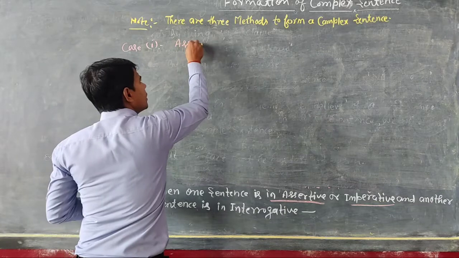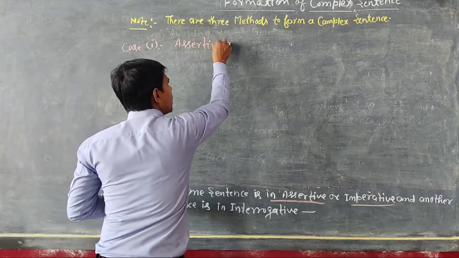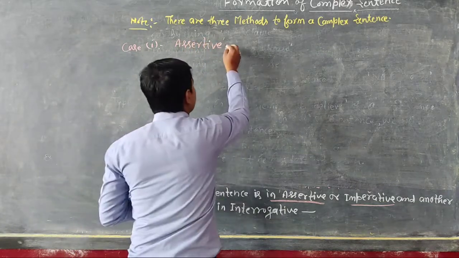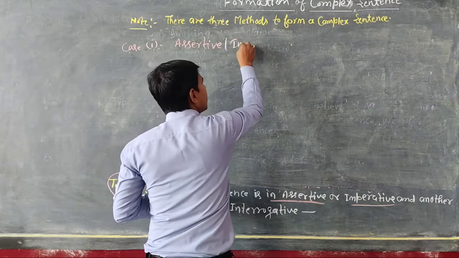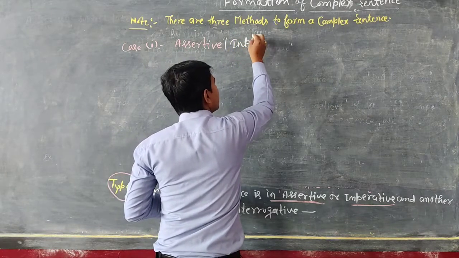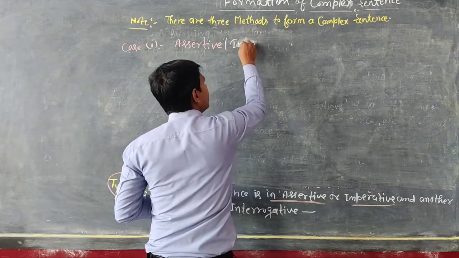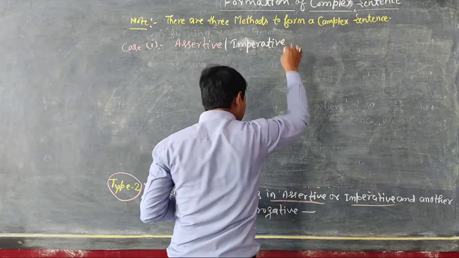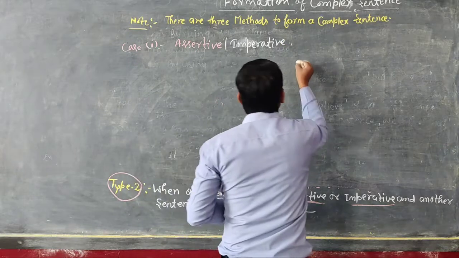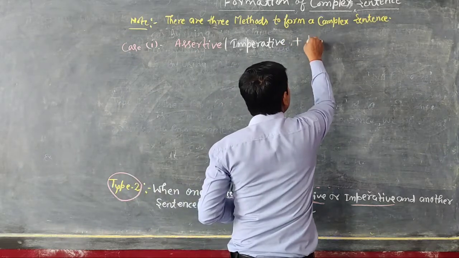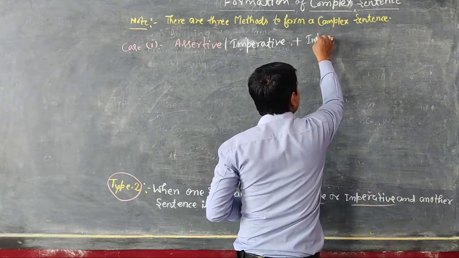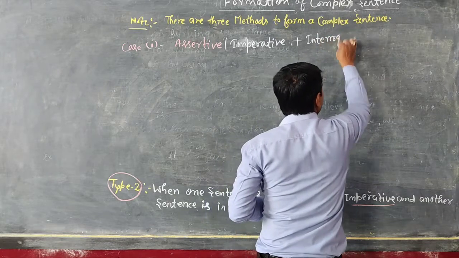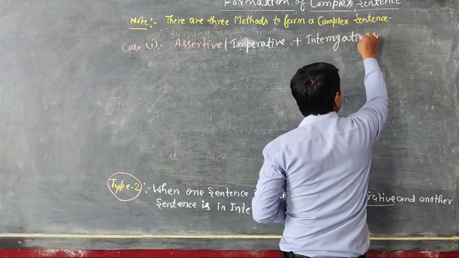Here is an assertive sentence or imperative sentence. Okay, and the second sentence is interrogative.